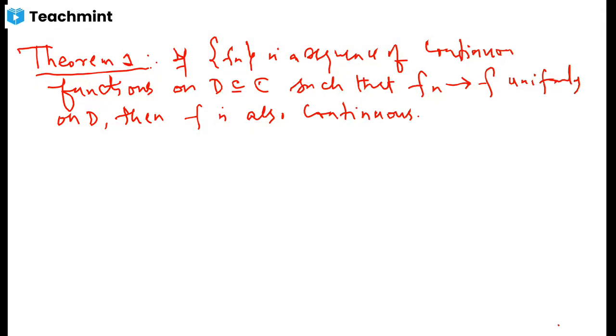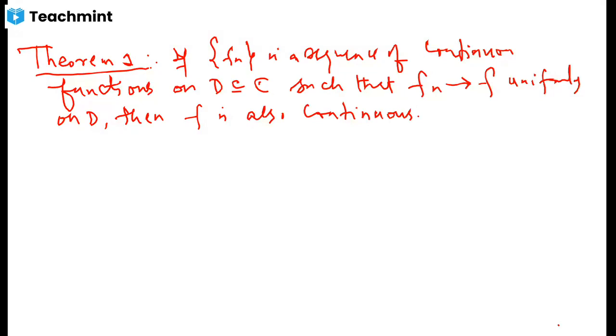The proof will be the same, because there is a standard proof for any metric spaces. C and R are two particular metric spaces, and exactly the same proof will work for this theorem also. So that's why we don't need to write the proof, but you need to know that proof. You can reproduce it on your notebooks from your previous semester notes.